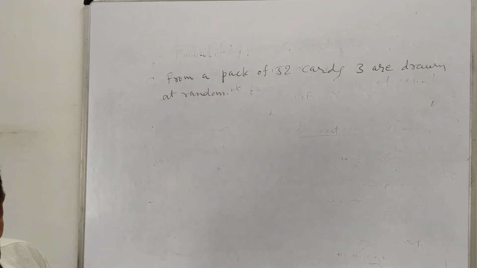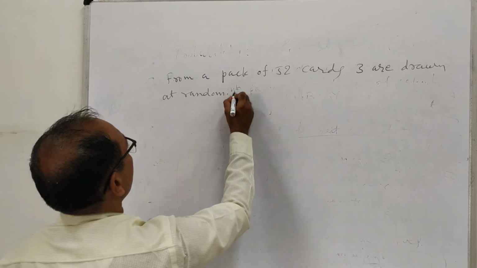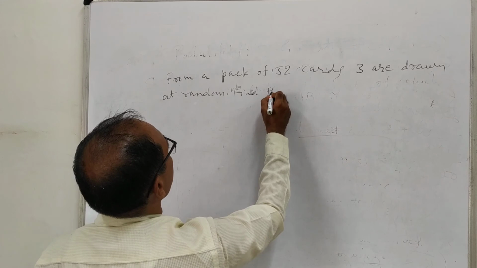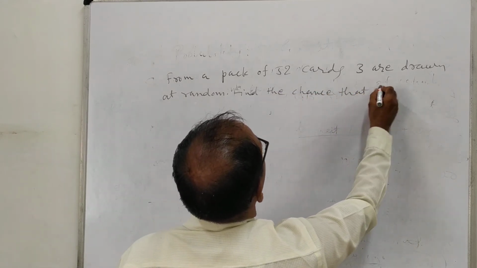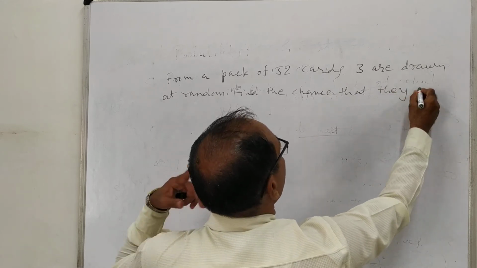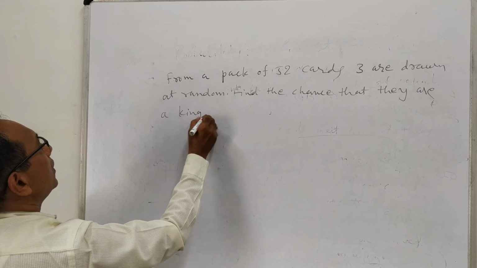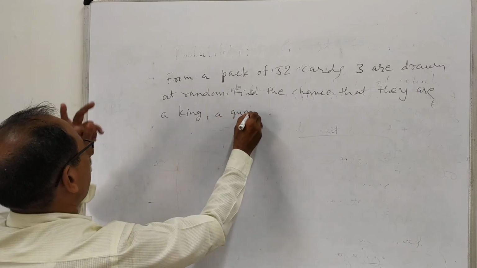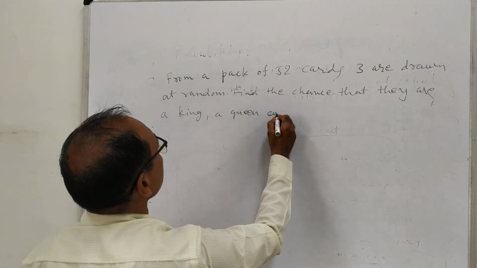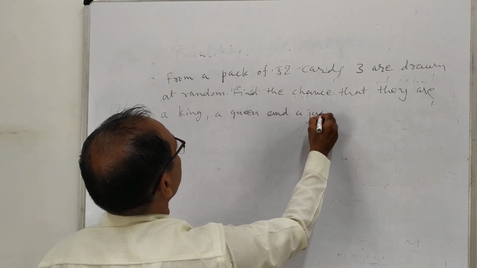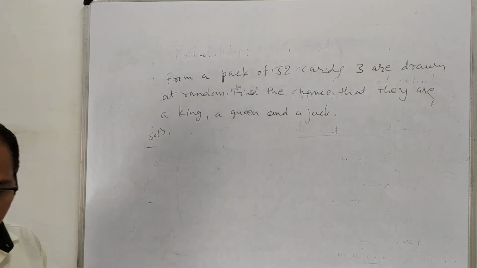Then find the chance that they are a king, a queen, and a jack.